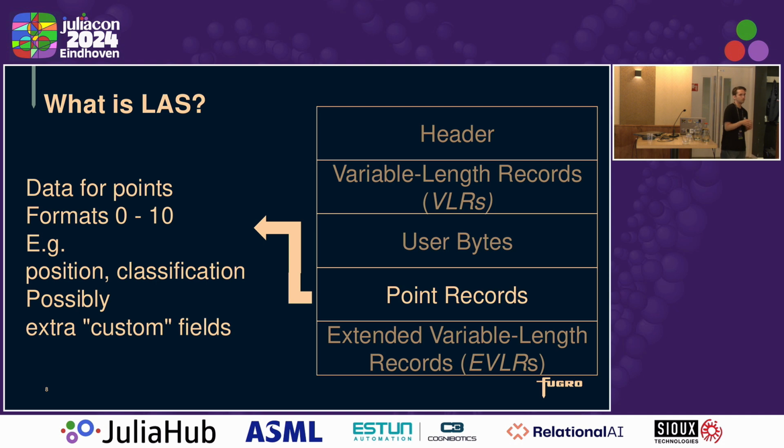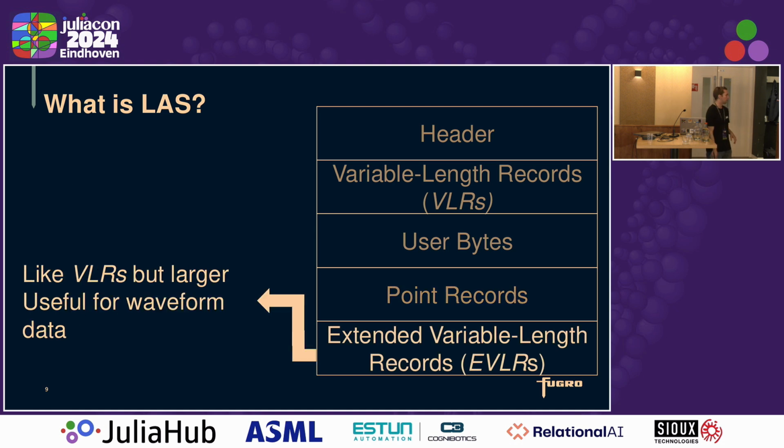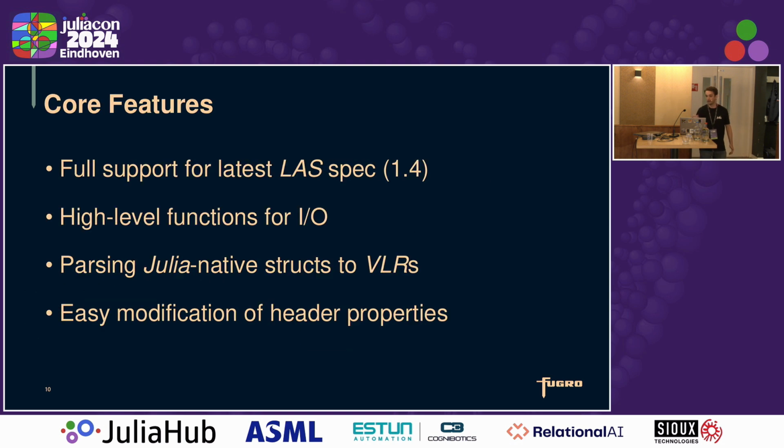You can also potentially have some extra user fields inside this. If you want to attach, for example, a cluster ID, you can do that as well. Then, as the name suggests, you also have extended variable length records, which are like variable length records, but bigger. They're chucked at the end of the file, and they're useful for waveform data and other things.